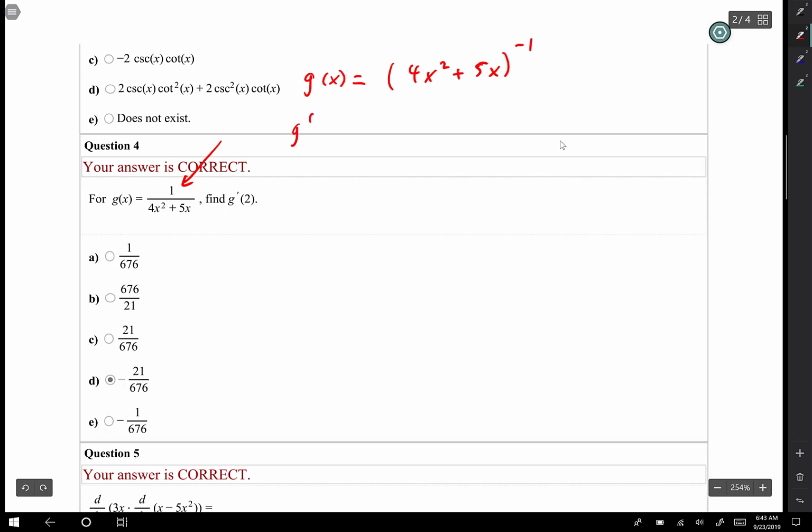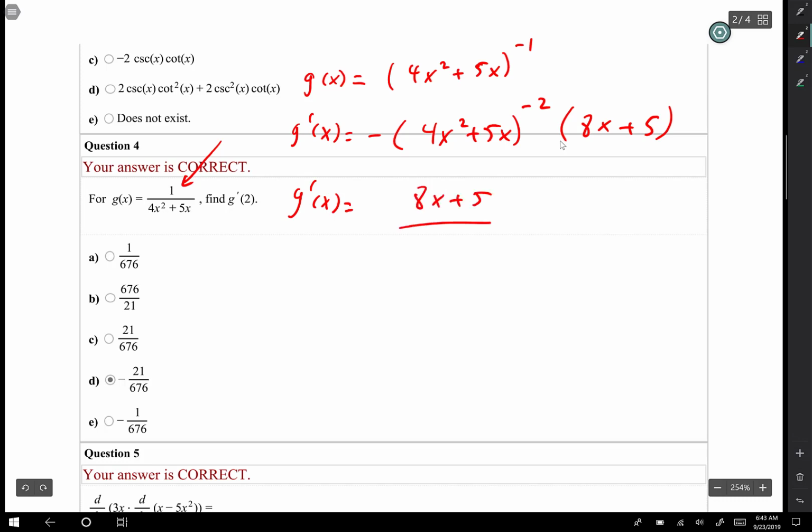Now g prime of x equals, bring the negative 1 to the front, negative 4x squared plus 5x to the power negative 2, times the derivative of the inside, 8x plus 5. That's your chain rule. Rewriting it, g prime of x equals negative, 8x plus 5 over 4x squared plus 5x, all squared.